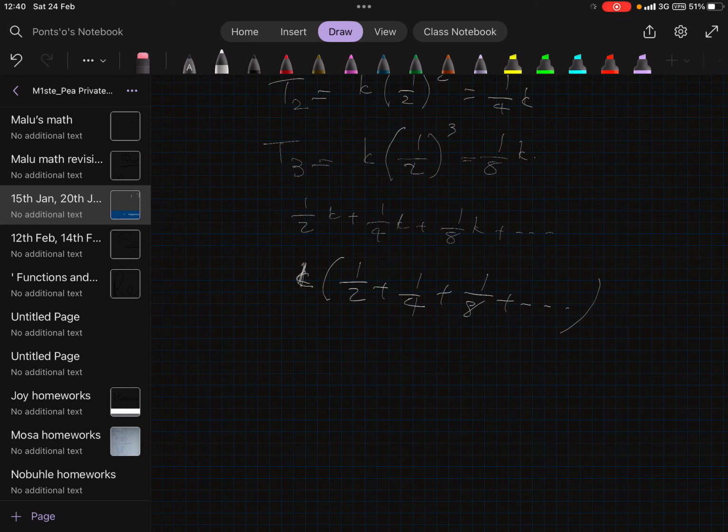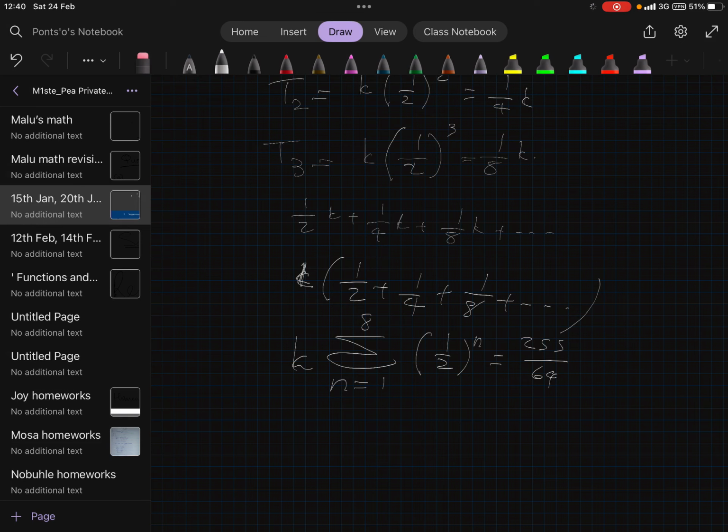And this equals k multiplied by the sum from n equals 1 to 8 of a half to the power n, which equals 255 over 64. Okay, cool. So I just want to explain that real quick.